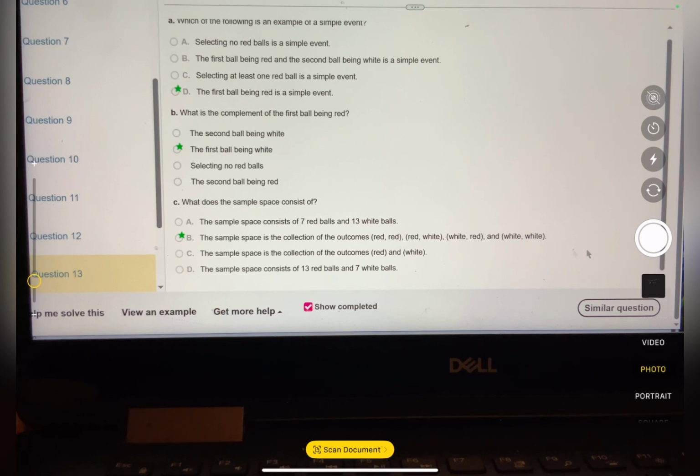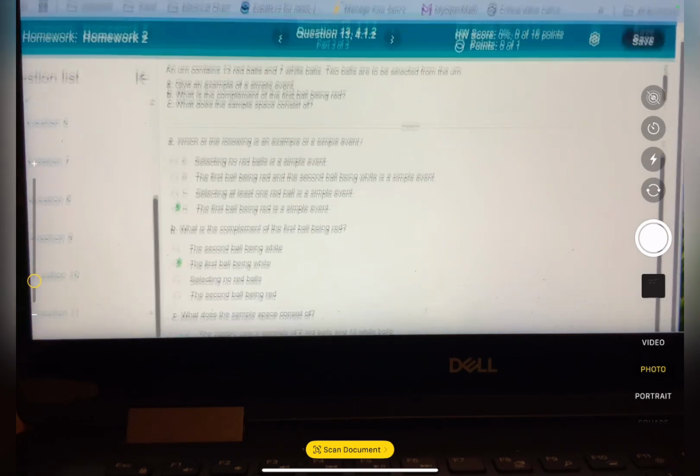All possible outcomes, because there are 13 red and 7 white. So you can pull out either 2 red, right? You can pull out either 2 white, correct? Or you can pull out red and white or white and red, correct? That's the only option you have here. All right, moving to next question, 14.